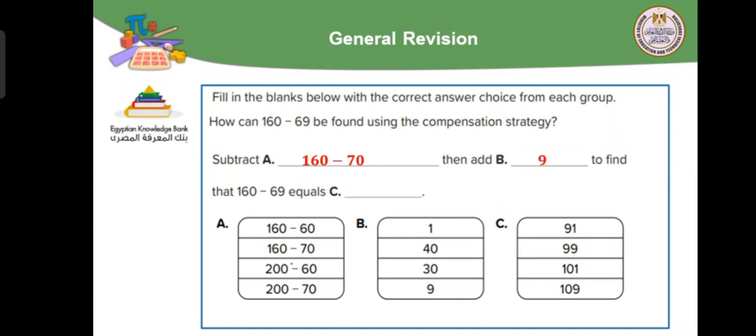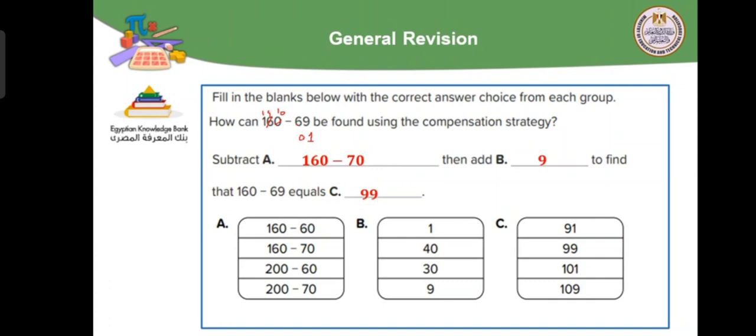To get what? 99. If you check here, 0 minus 9 can't be done. So this will be 15, and 0 will be 10. 10 minus 9 will be 1. Then 15 minus 6, counting after 6: 7, 8, 9, 10, 11, 12, 13, 14, 15, will be what? 9.